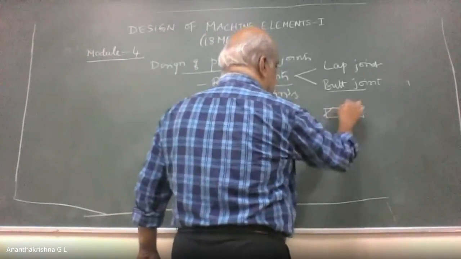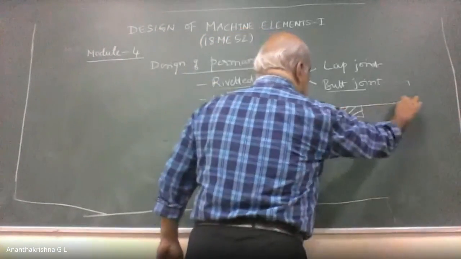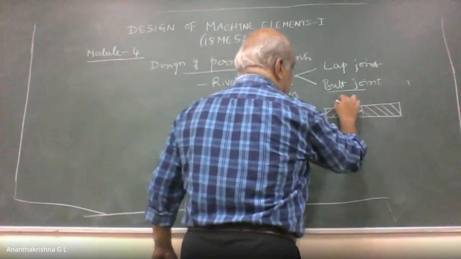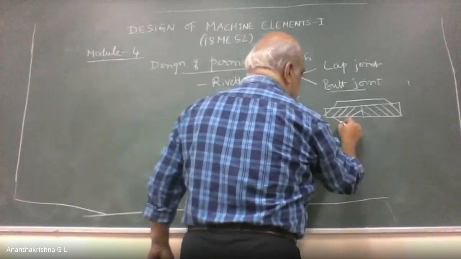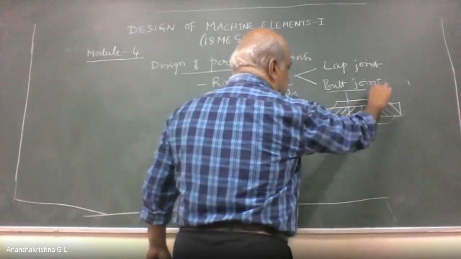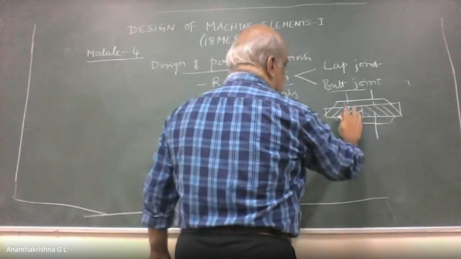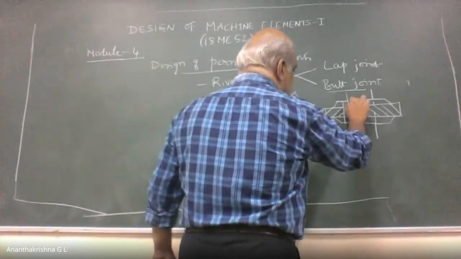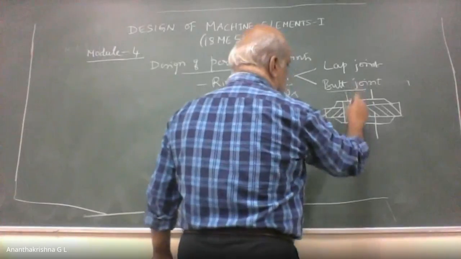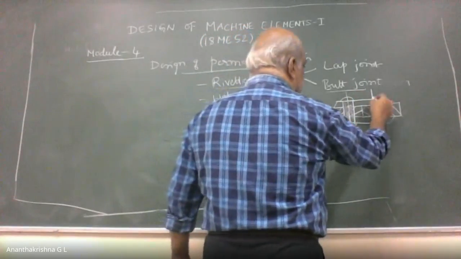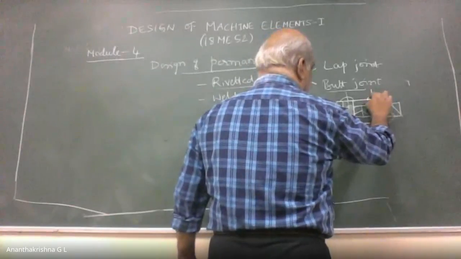So this is one plate, and this is the second piece, over which you have a cover plate on top and a cover plate on the bottom, and riveting occurs like this. This is what we learned in our CAMD lab. So this is one rivet, and maybe this is another rivet.